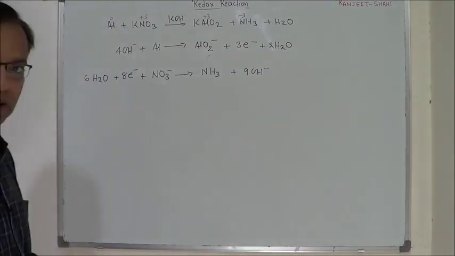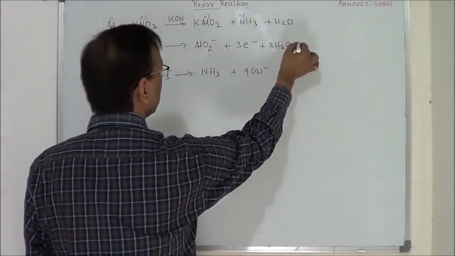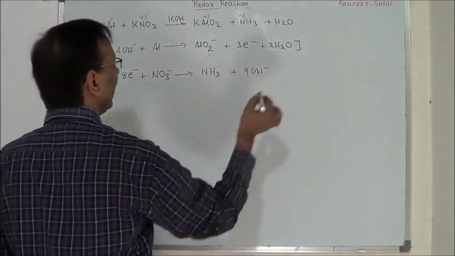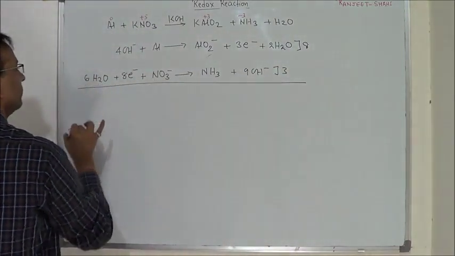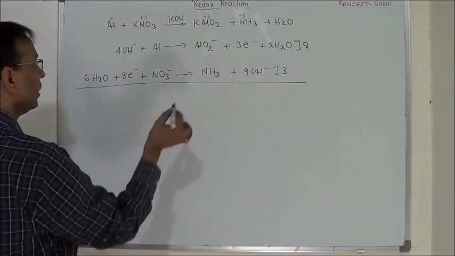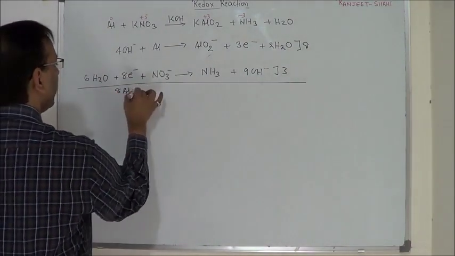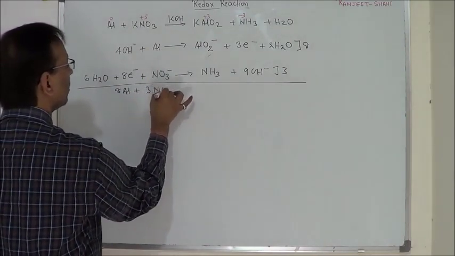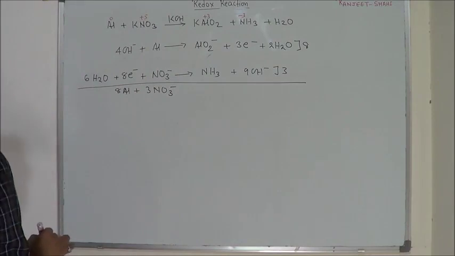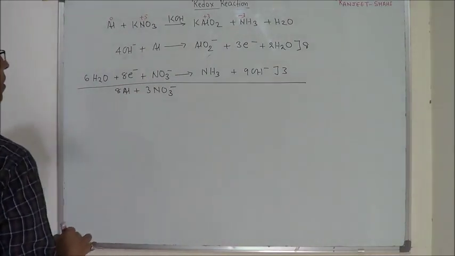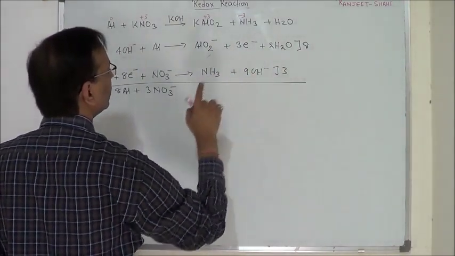Equalize the electrons, make the electrons equal in the 2 reactions. So this reaction must be multiplied by 8 and this by 3. Add them. 8 aluminum plus 3 nitrate plus, what about hydroxide? 8 into 4, 32, and 9 into 3, 27.